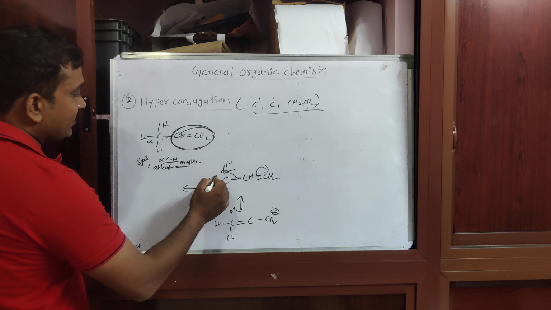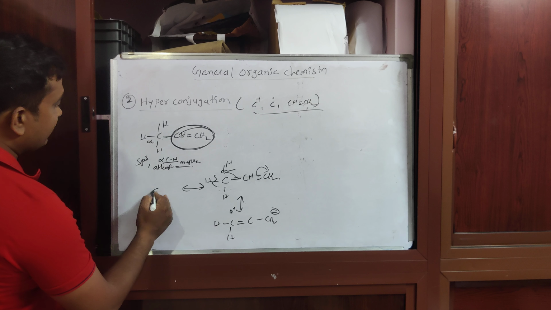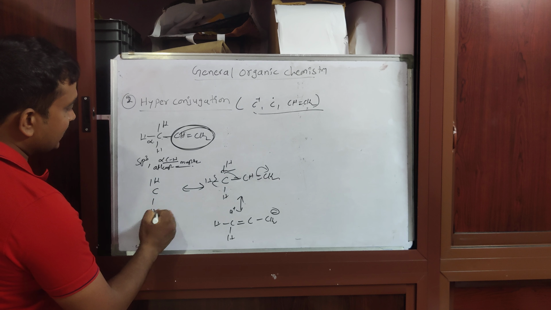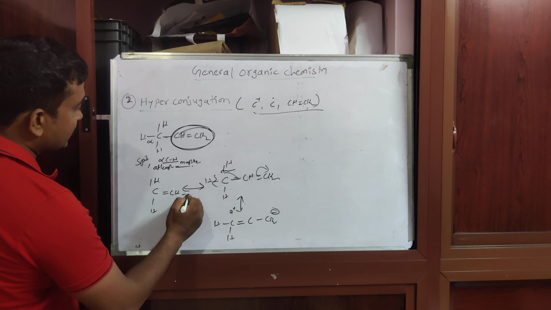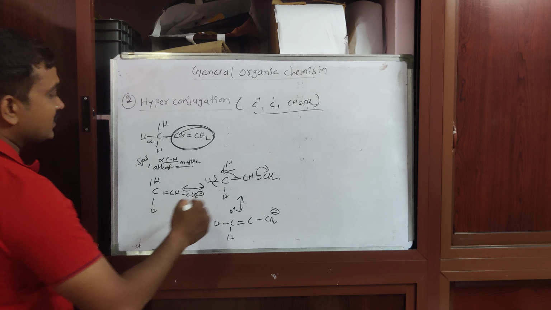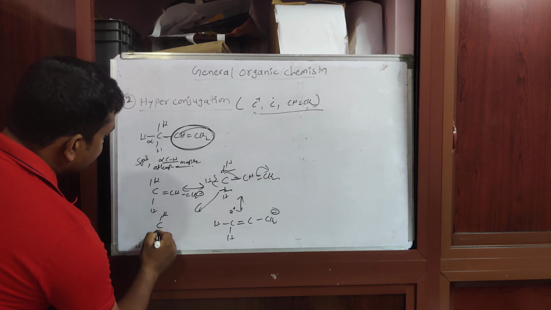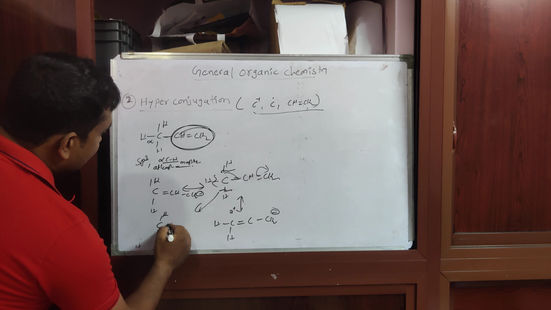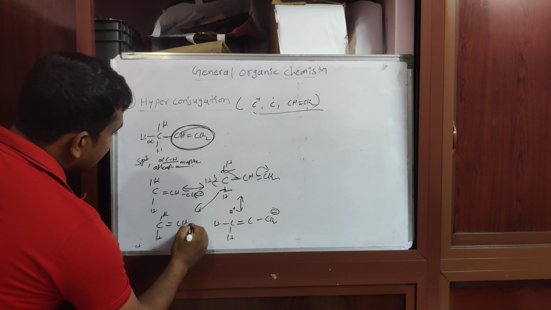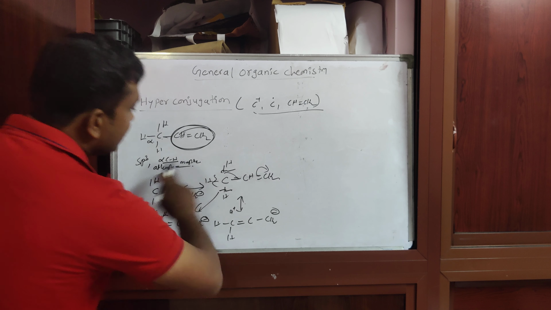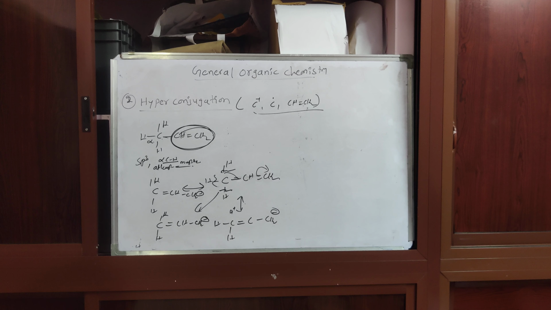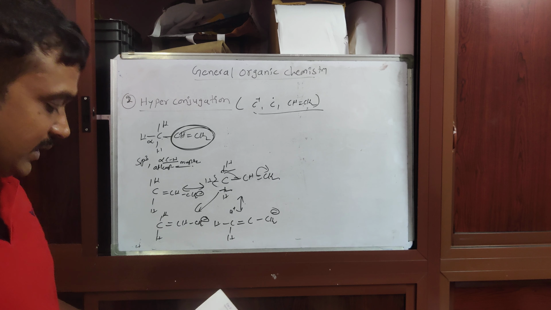If you break this other one, it will form hydrogen, double bond CH2, CH2 minus. This is the mechanism in the case of alkene.